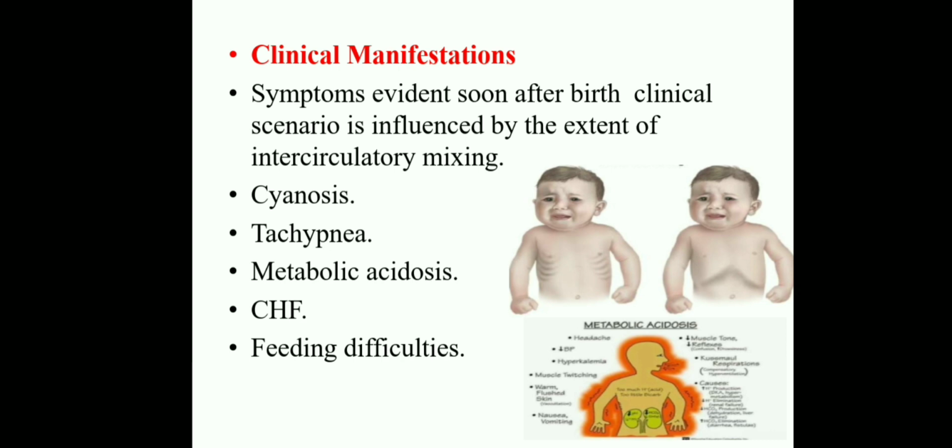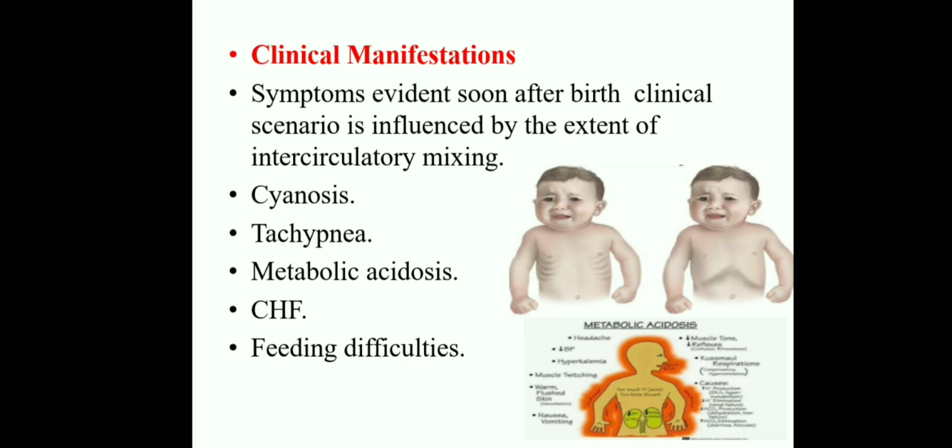All of you clear? And coming to the clinical manifestations, the symptoms are evident soon after birth, and the clinical scenario is influenced by the extent of the intercirculatory mixing. Here the intercirculatory mixing is there. So the oxygenated and deoxygenated blood is mixing. As a result, the child suffers with severe bluish discoloration of the skin.